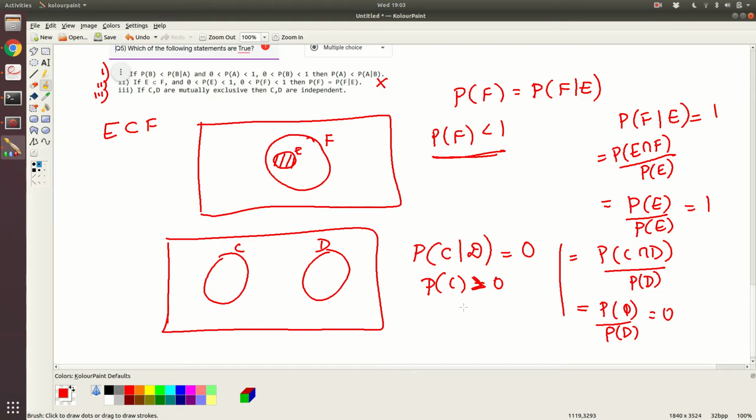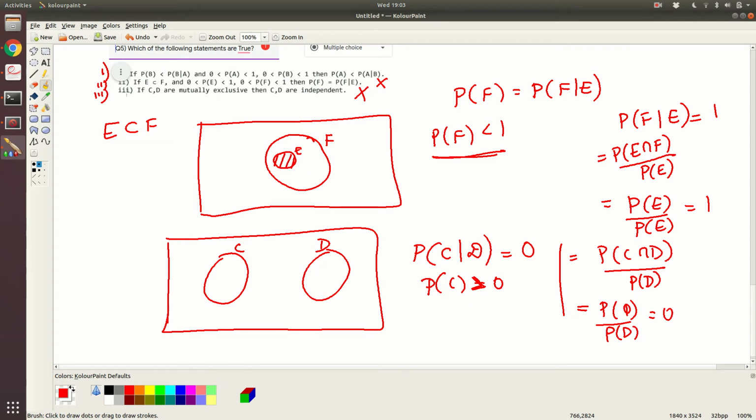All right, so P of C is greater than 0, whereas P of C intersection D is equal to 0. If they were independent, these would have been equal. Since they are not equal, they are not independent. In fact, you should understand that mutually exclusive is as dependent as it can get, because a lot of information is being conveyed. All right, so both statements 2 and 3 are false.